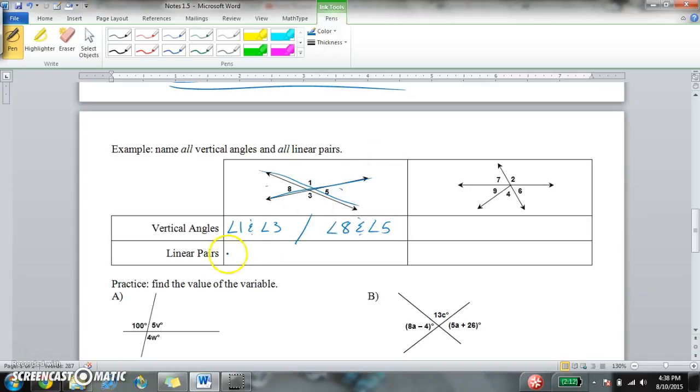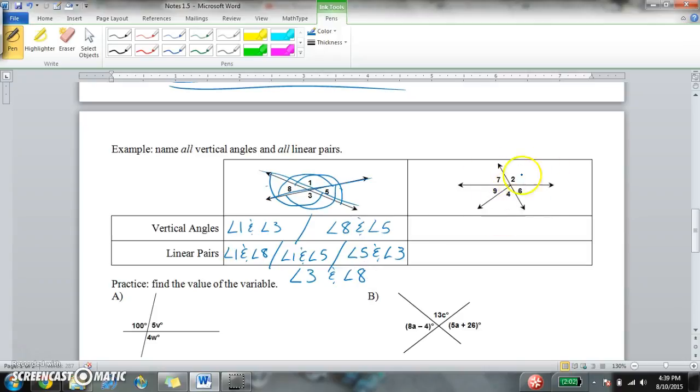Linear pairs in here, we've got a bunch of them. So angle 1 and angle 8 both make a straight line. Angle 1 and angle 5 also both make a straight line. Then we've got angle 5 and angle 3. And finally we've got angle 3 and angle 8 that also make a straight line.